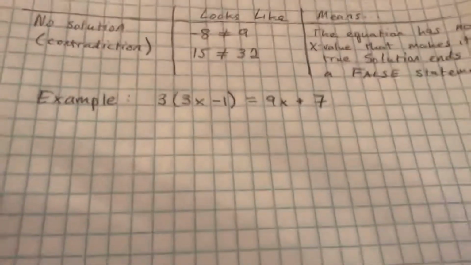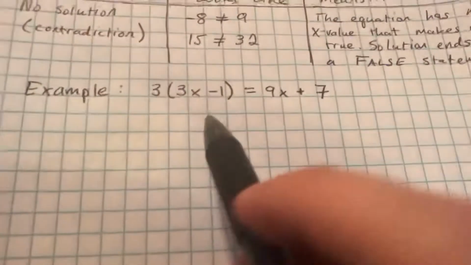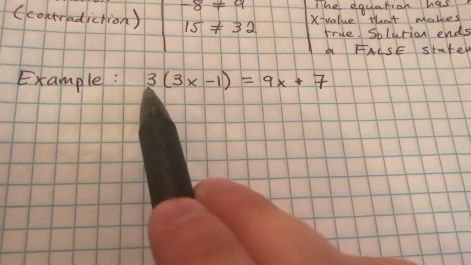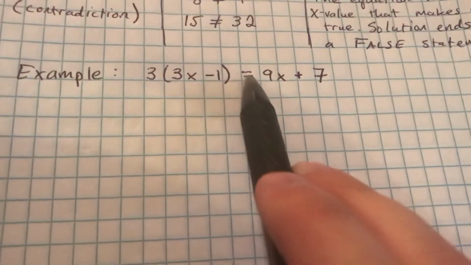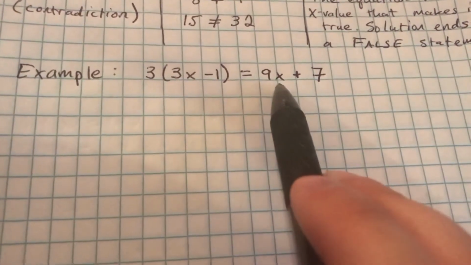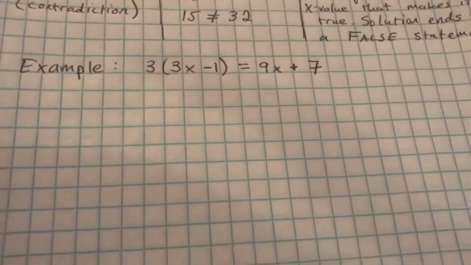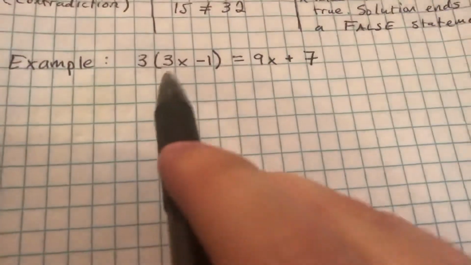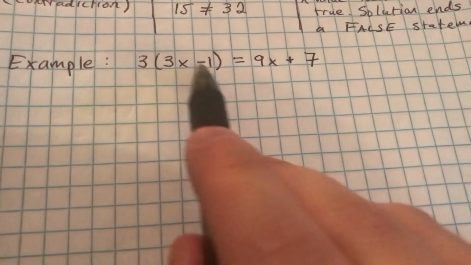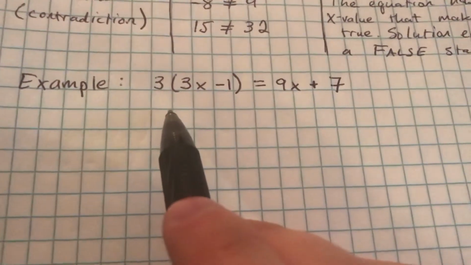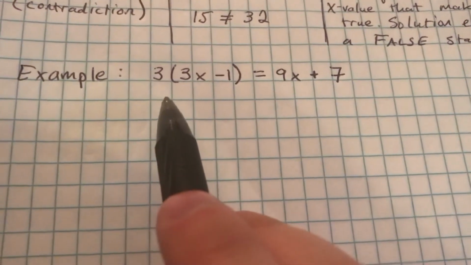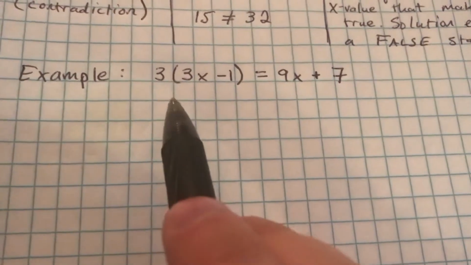Okay, so let's do an example altogether. Let's say this is my equation: 3 times, in parentheses, 3x minus 1 is equal to 9 times x plus 7. Now, the first step is to clear these parentheses using the distributive property. And I'm going to go ahead and do that. If you have trouble with distributive property, you need to see me.